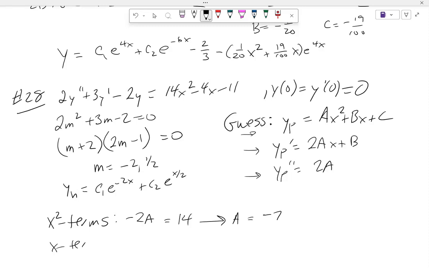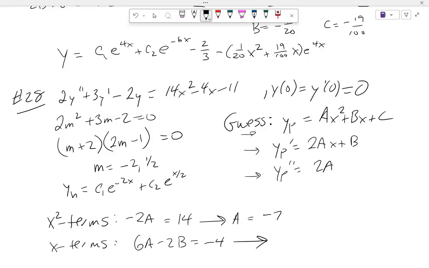Let's do your x terms. What's the coefficient on the x on the left-hand side? 6a minus 2b. Good. And on the right-hand side, it's negative 4.